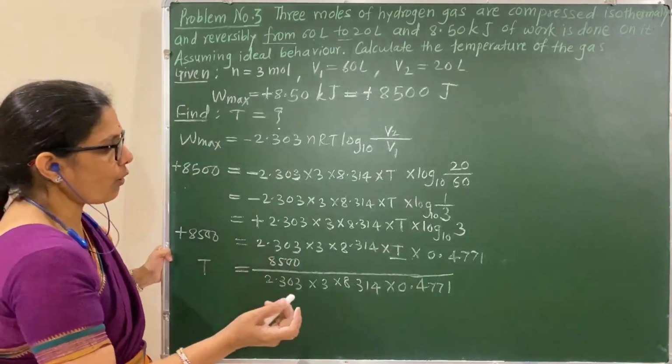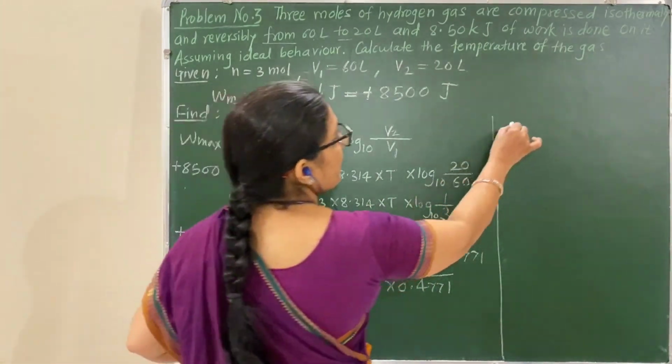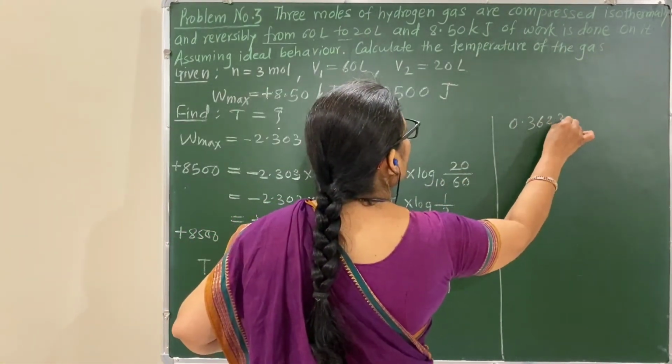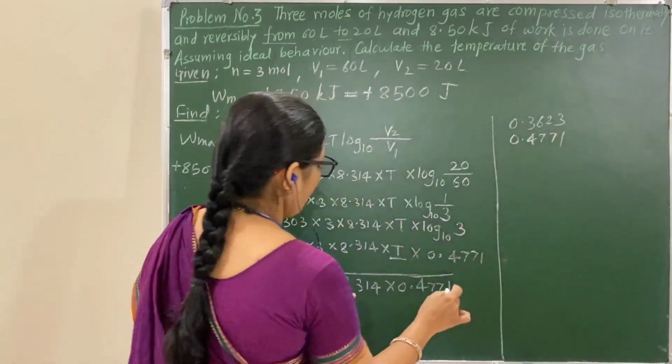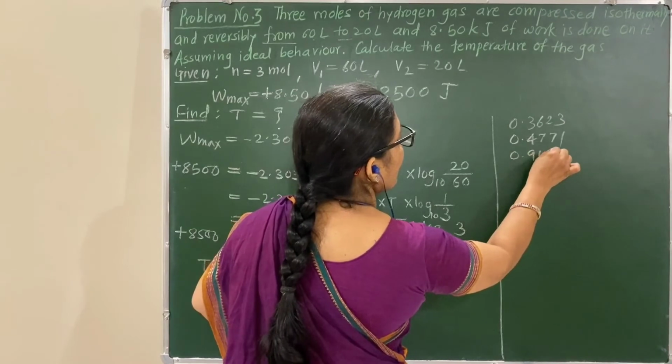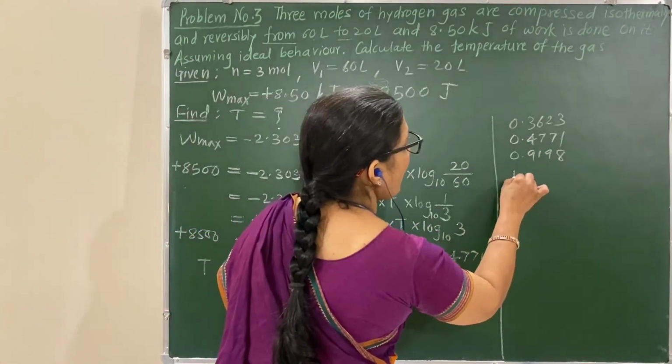Now solve by using log table. See, first solve this one. This is 0.3623. 3, that is 0.4771. 0.9198. Okay. Then log of this, it is bar 1.6786.